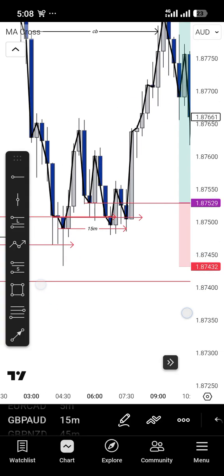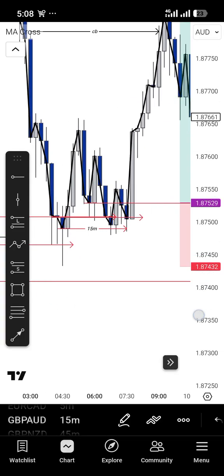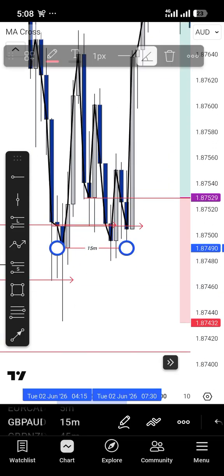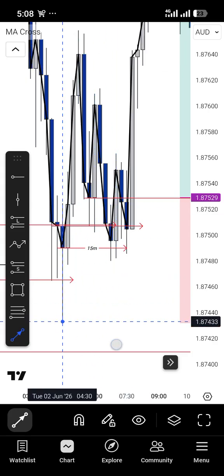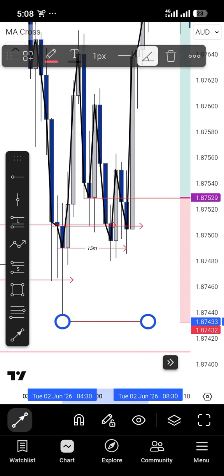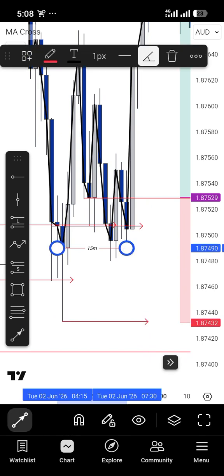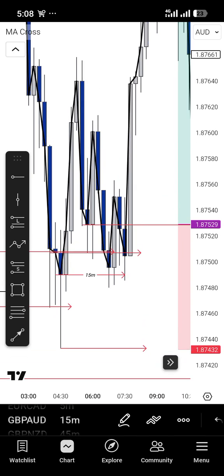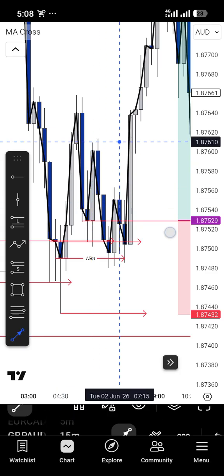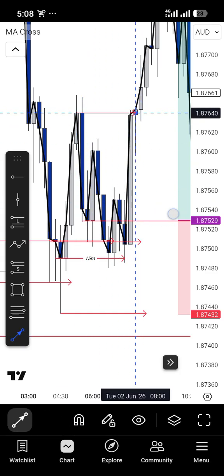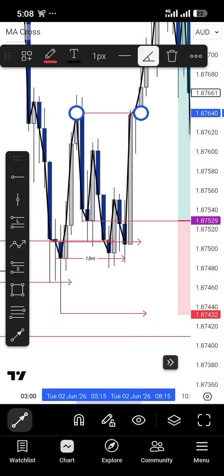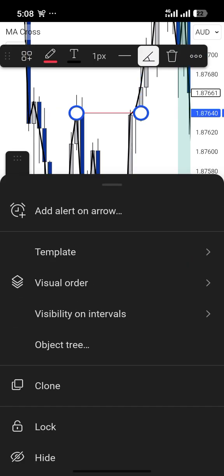On the 15 minutes, this is the 15 minutes low, we just want to read the market, right? The key level was respected, and we got a 15 minutes breakout, right?